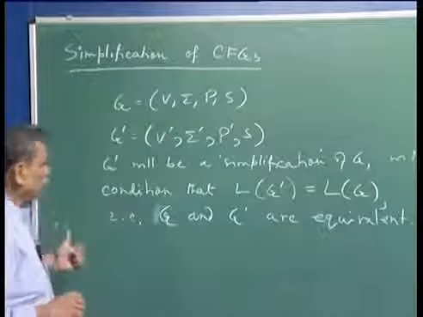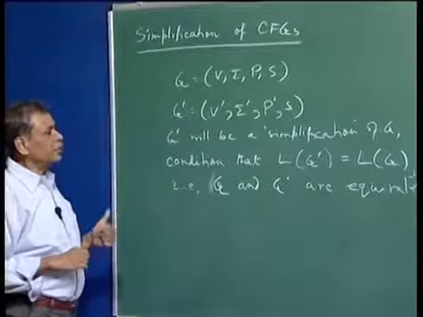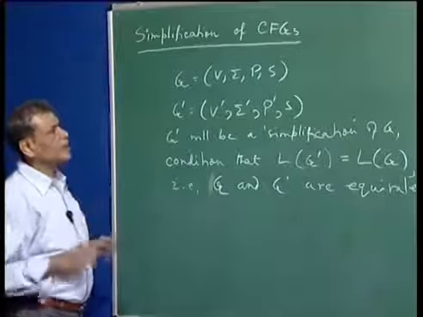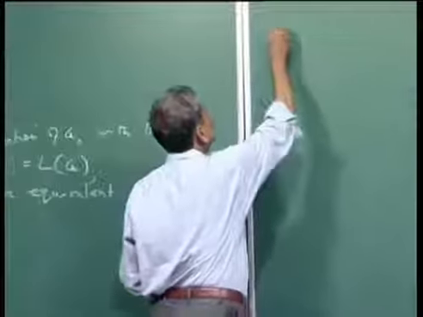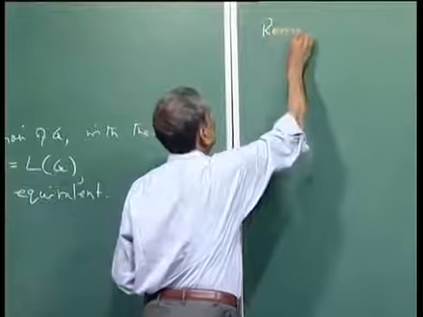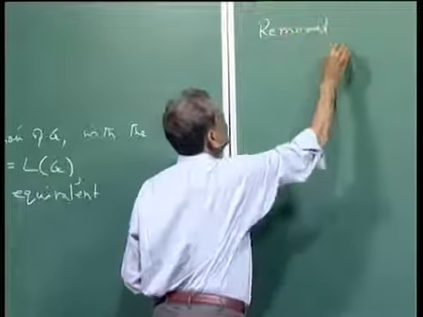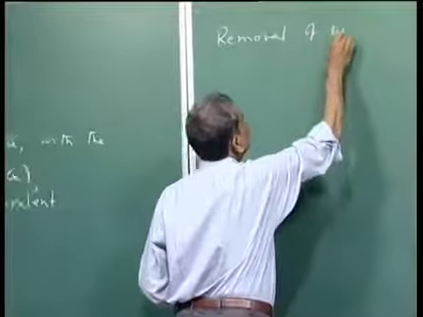Now, what are the kinds of simplifications that we would like to effect? The first kind of simplification that we would like to effect is removal of useless symbols.